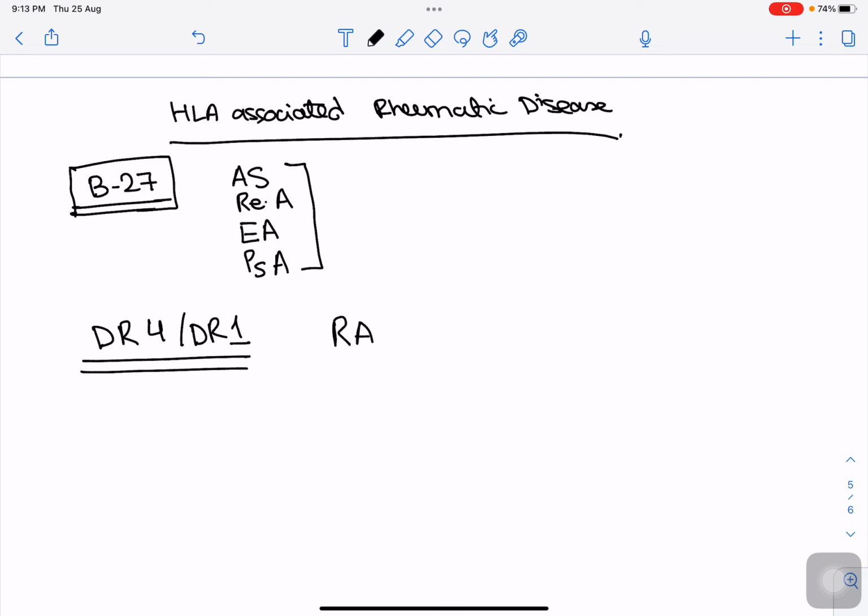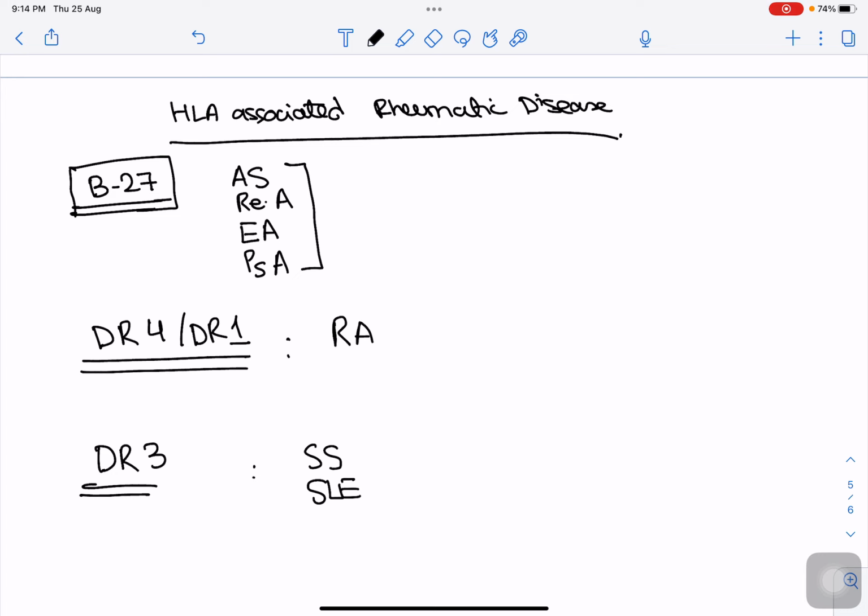And then we come to DR3, which is another HLA. If the patient is positive for DR3, that means the patient may have systemic sclerosis or SLE. So this is another HLA that is associated with systemic sclerosis or SLE.